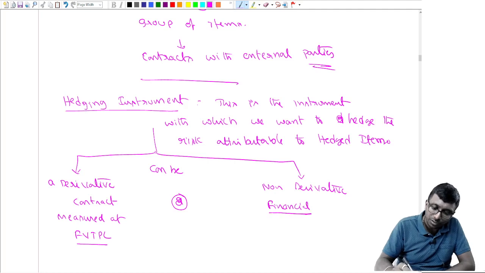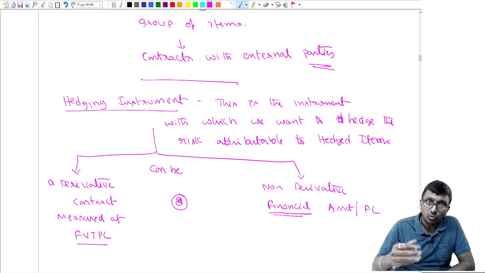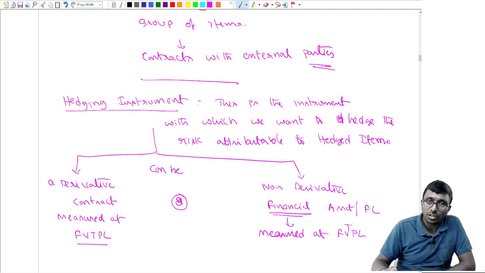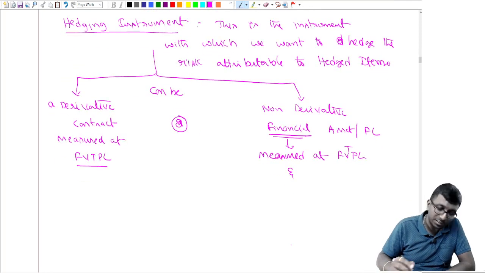When you want to hedge, obviously these also must be measured at FVTPL. Maybe some instrument like an equity instrument. Generally it is FVTPL.